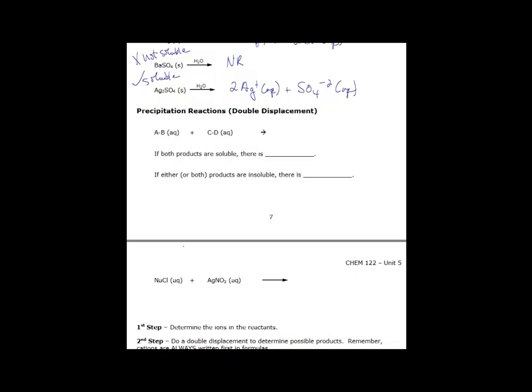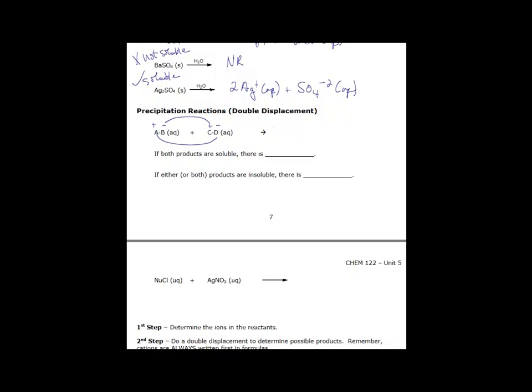So the cations are always going to go with the anions. So in this double displacement reaction where I have A, B, and C, D, A is my cation, B is my anion, C is my cation, D is my anion. So they're going to switch partners, and the cations are going to go with the anions. So A is going to go with D, and C will go with B.